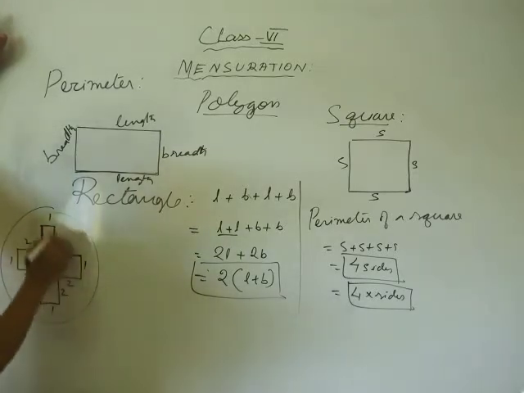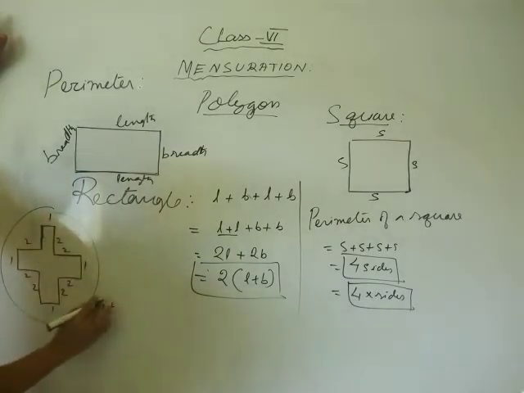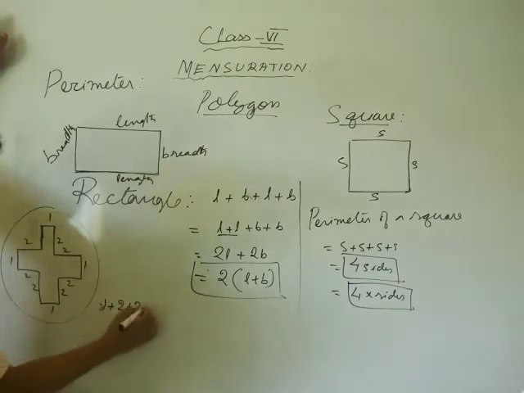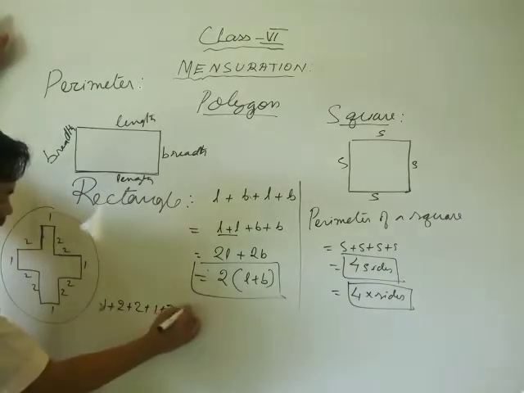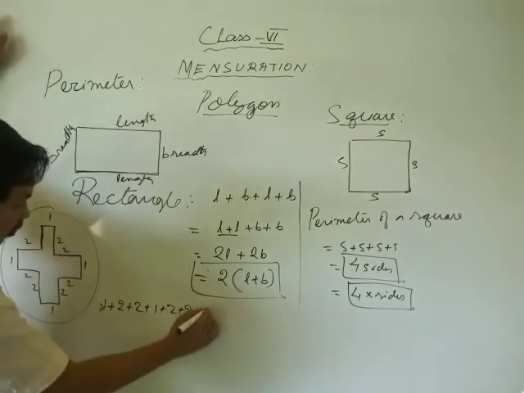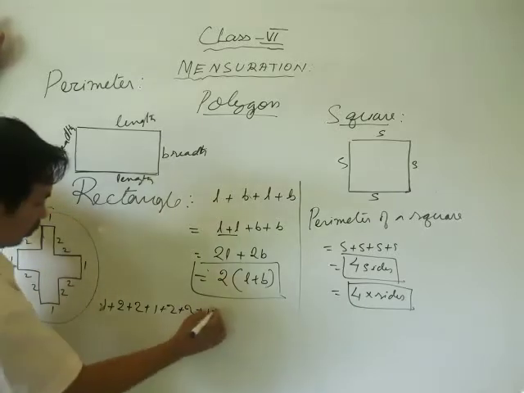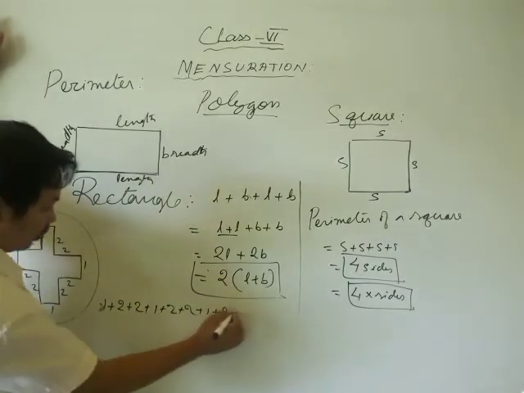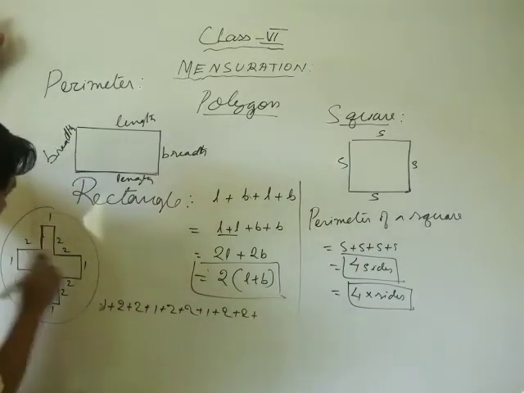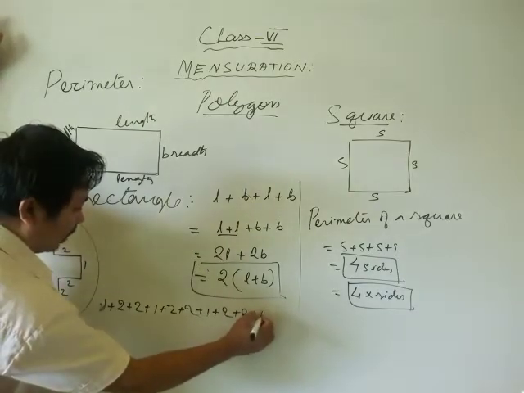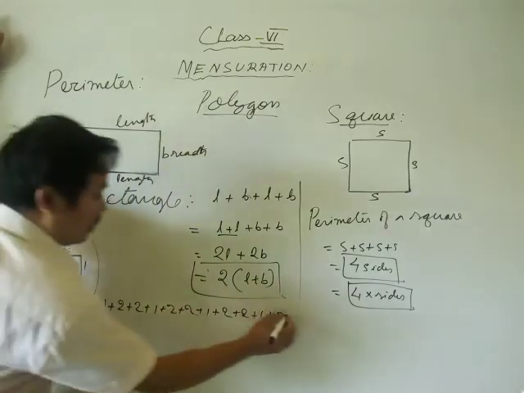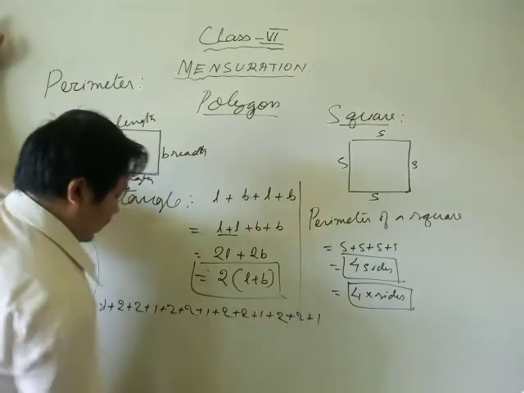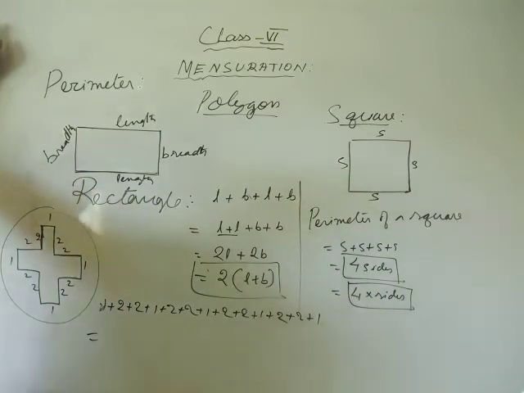So the perimeter will be 1 plus 2 plus 2 plus 1 plus 2 plus 2 plus 1 plus 2 plus 2 plus 1 plus 2 plus 2 plus 1. And how much is the perimeter?